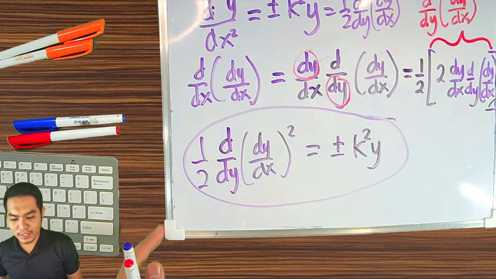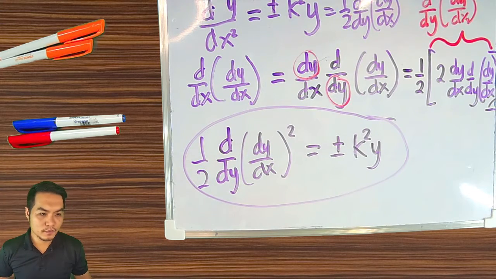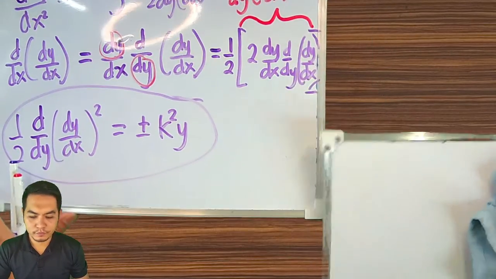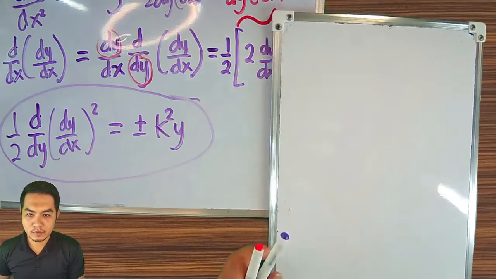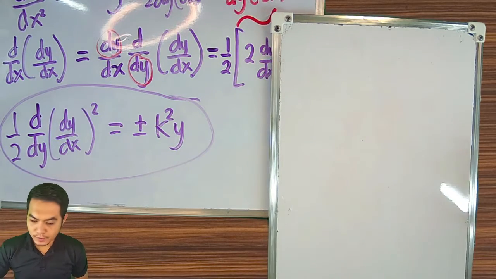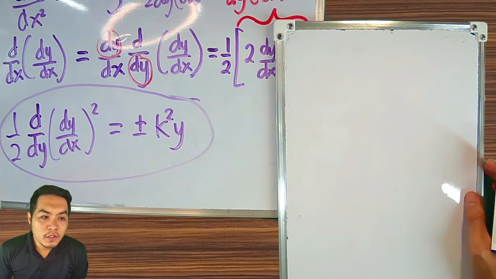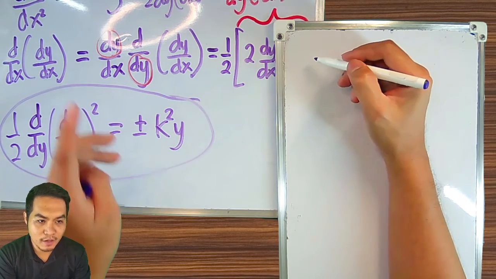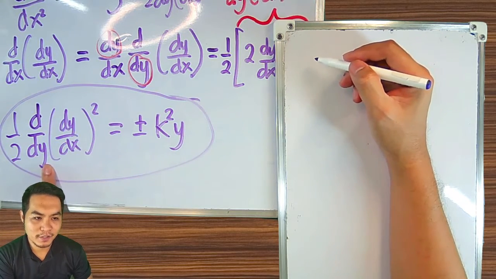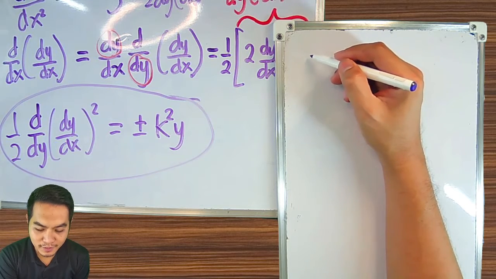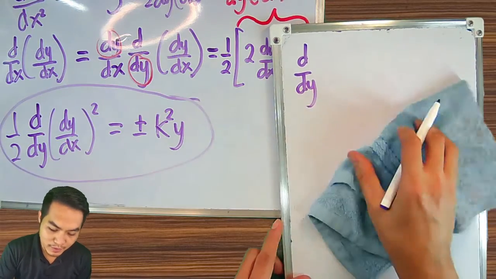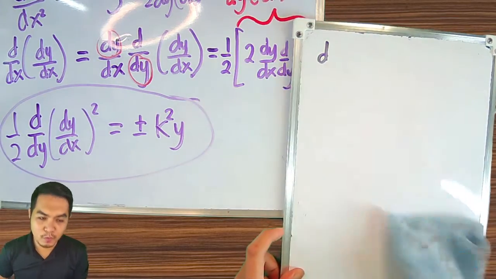So how do you solve this equation? First, we cross multiply 2 and dy, that is, multiply dy on both sides of the equation.